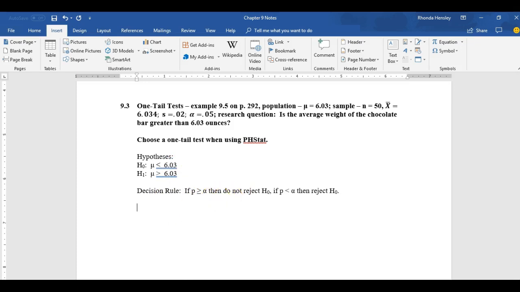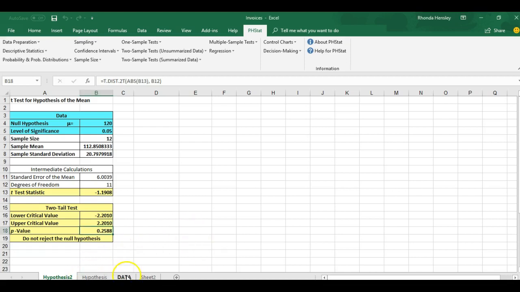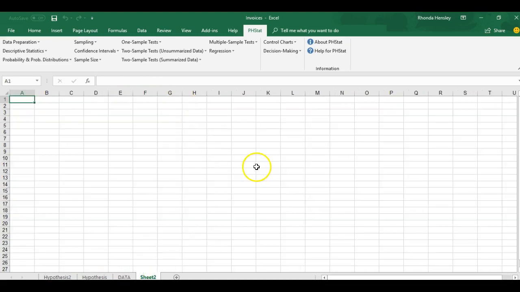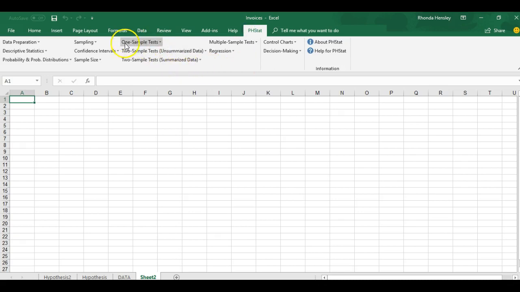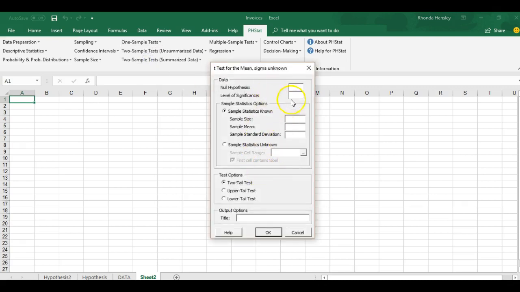So to use PHStat, you go back to Excel. I just need a clean sheet, and since I was given this data and it wasn't a file, I go to PHStat and one sample test, and this is the t-test, sigma unknown.